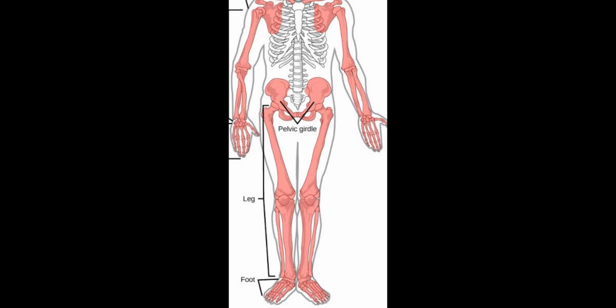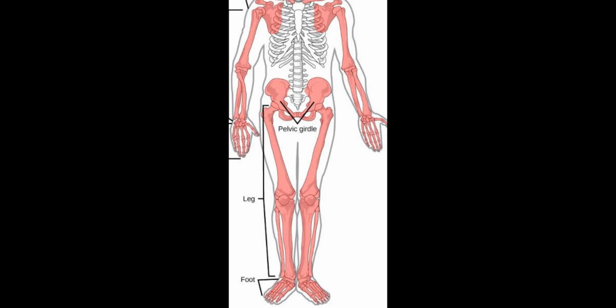So total number of bones in the hind limb? 30, isn't it? So 2 hind limbs, total 60.